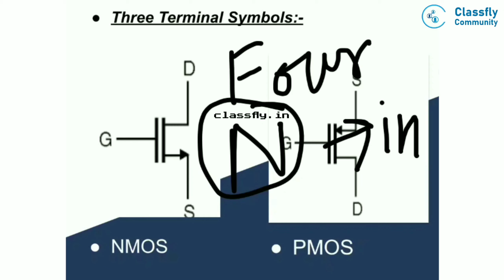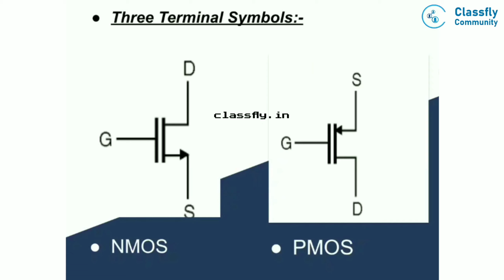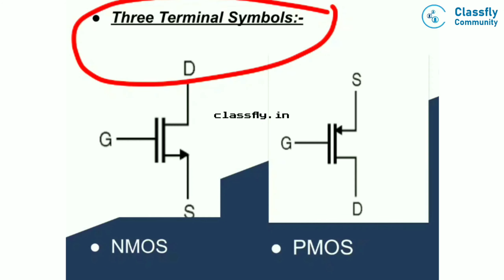If you remember that, for 4 the N channel is in, that means the P channel will be out. And just the opposite for the 3 terminal, the N channel will be out and the P channel will be in.